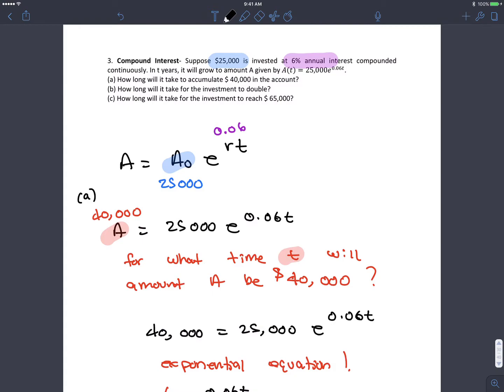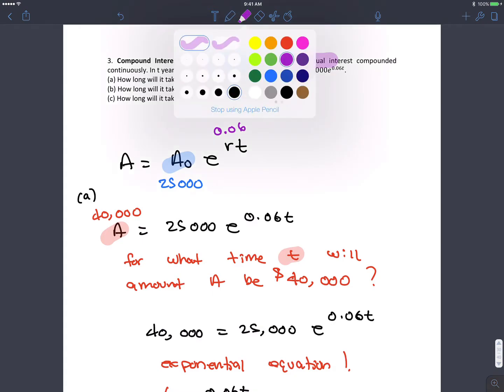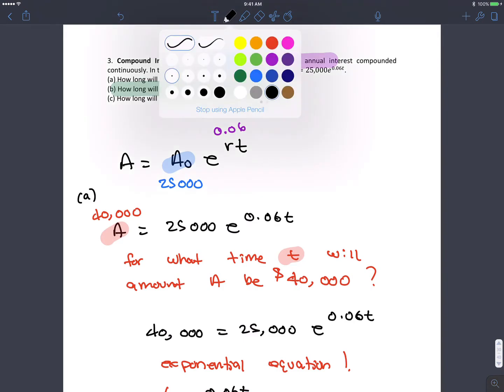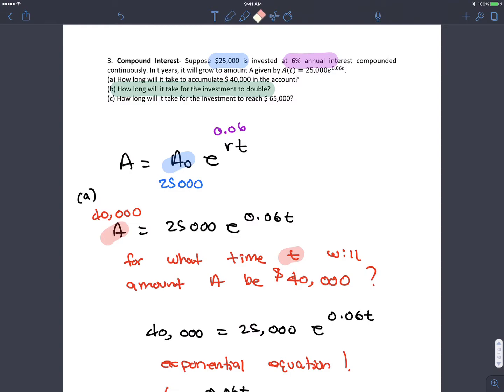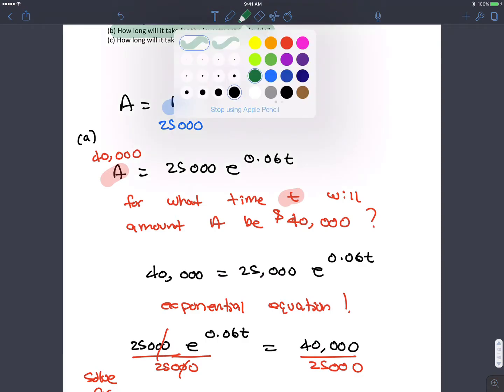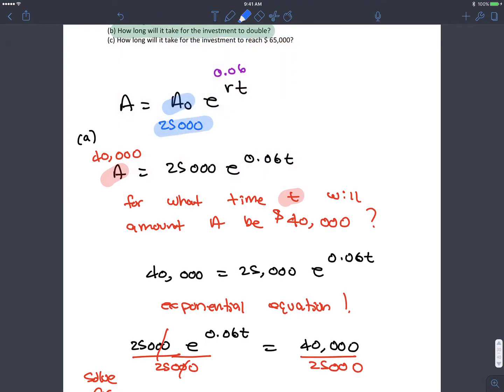B is going to say how long, if we look at this, how long will it take for the investment to double? Now what I want to say is that doubling here, let's erase some things and talk about what doubling is going to do. What doubling is, in this case, let's go back and recall that our initial investment here is 25,000.